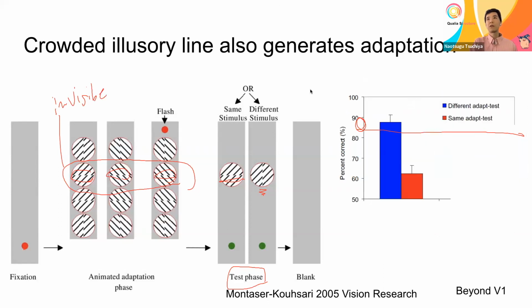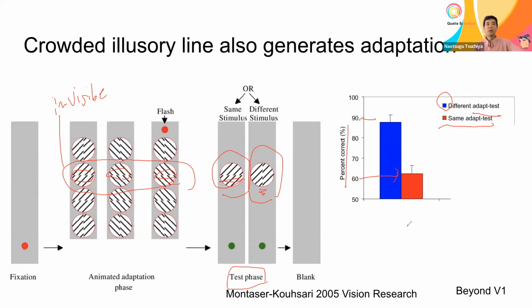Now the critical question is this result. If the adapter and test are of different orientation, so it's a horizontal adapter and then tested with this different stimulus, then percentage correct is roughly 90%. So they were able to see it. But if it was the same as the adaptation orientation, horizontal, like here, then it became very difficult to see.